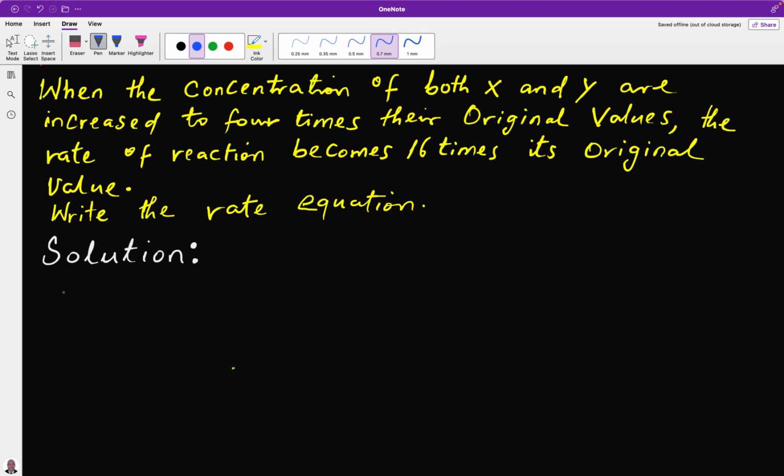Step 1. Write the rate equation for the general equation here. So the rate equation will be what?